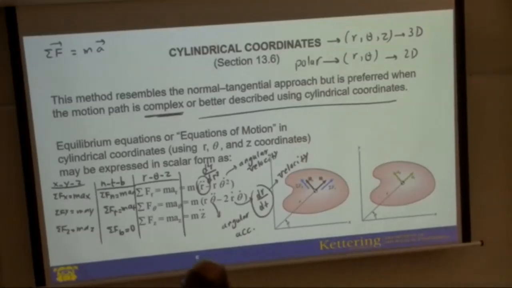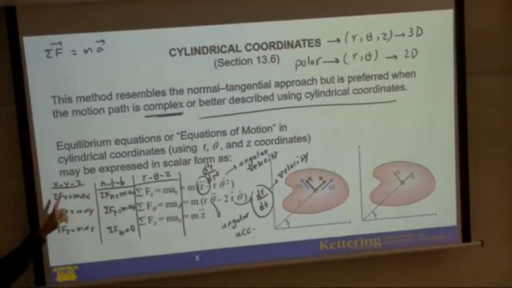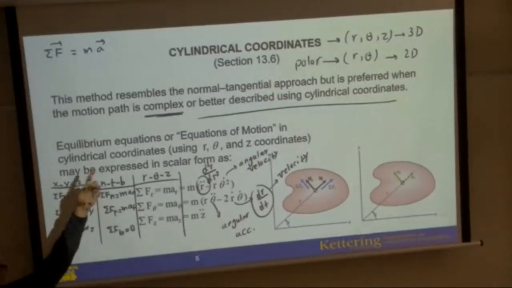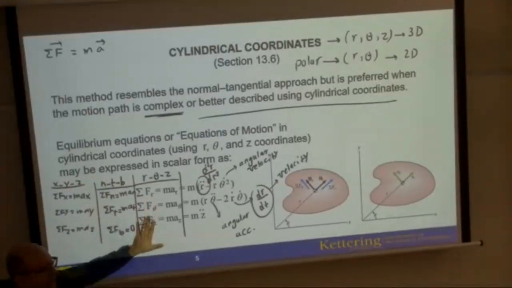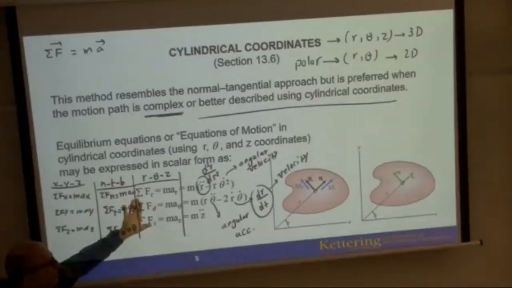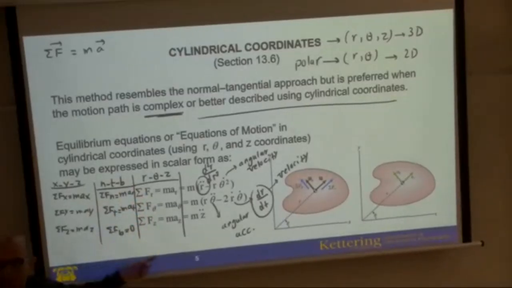Now, to use these equations in the cylindrical coordinate system, the first step is to draw the free body diagram. Why? If you look at the left-hand side of these equations, there are forces along r, theta, and z.